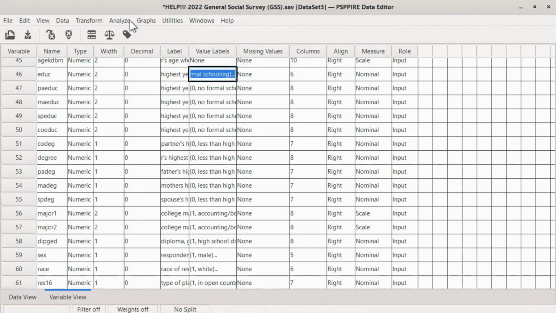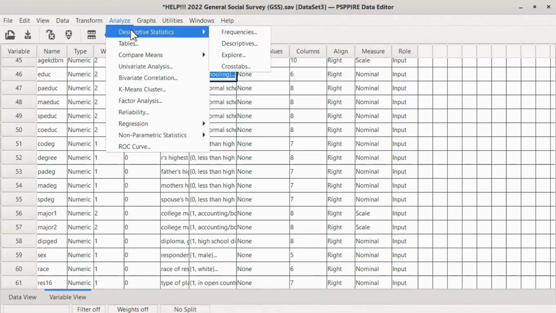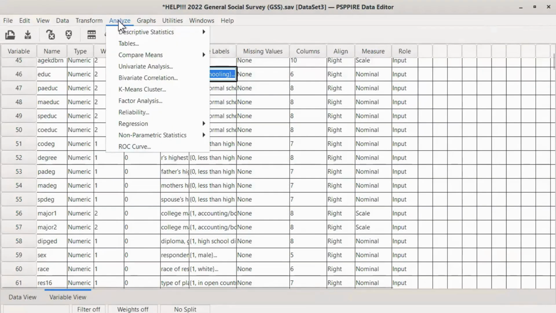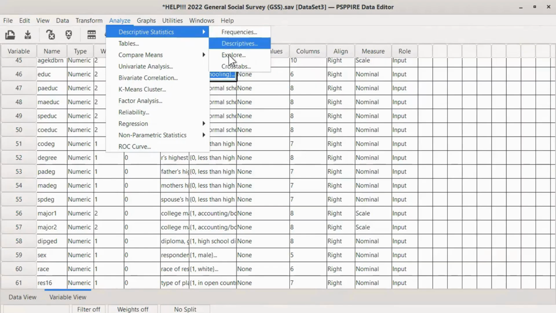And I want you to follow along now. So frequencies is a good place to get mean, median, and mode. You can't get mode everywhere. This is like the only place where you can get it. But we're not going to use frequency here. Instead, we're going to go to Analyze, and we're going to go to Descriptive and Explore.